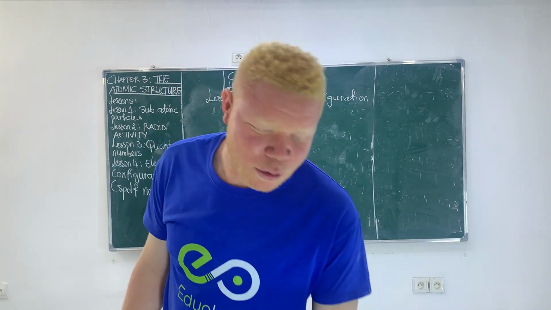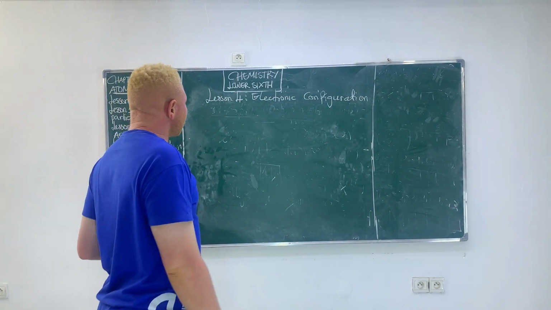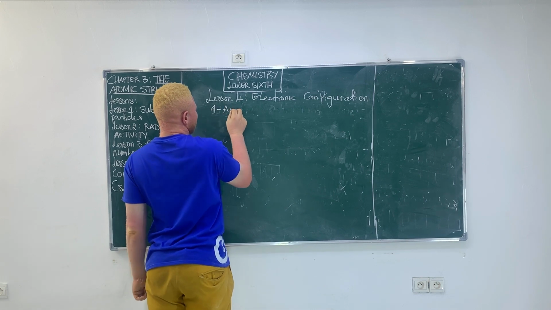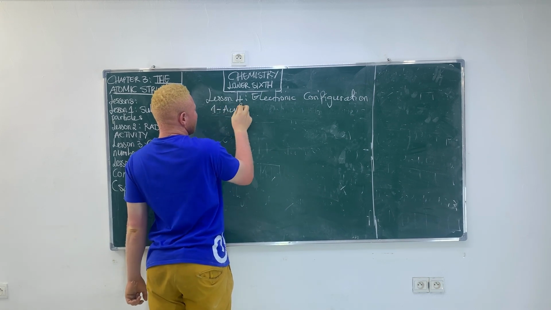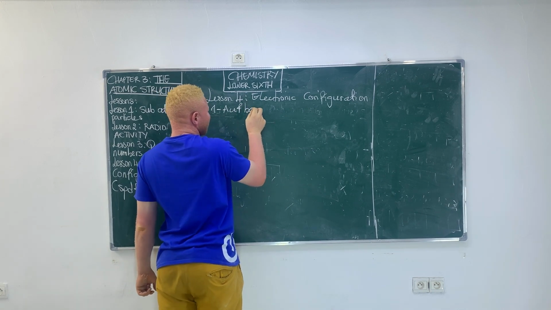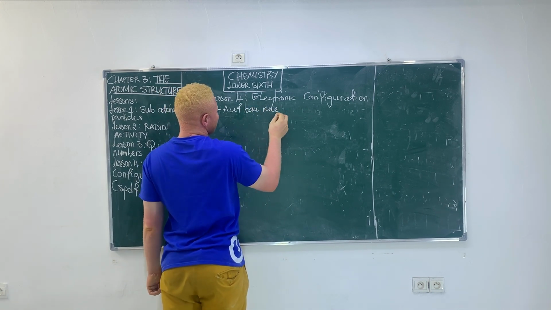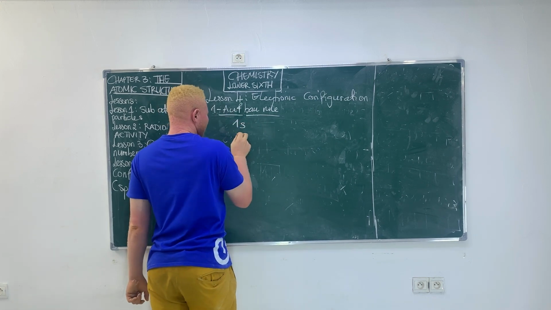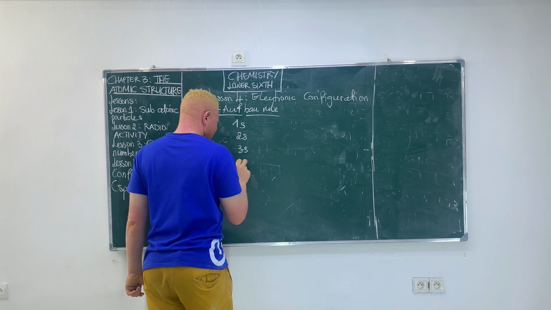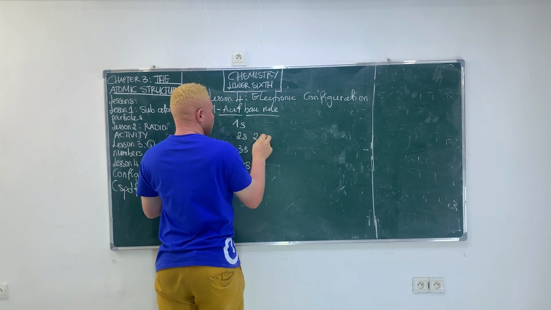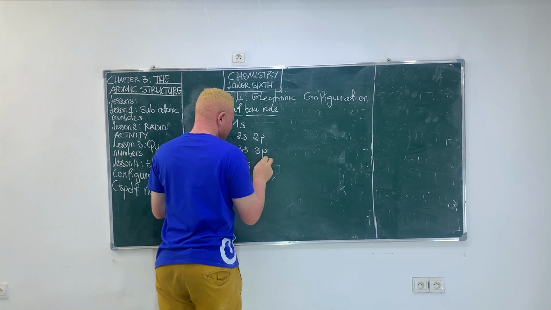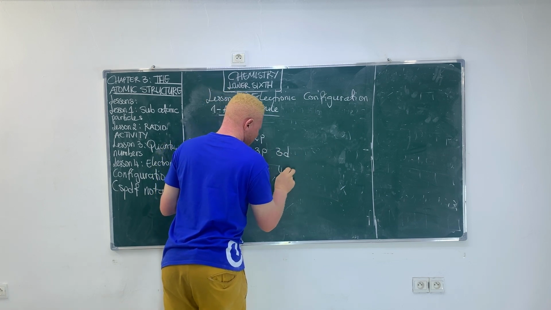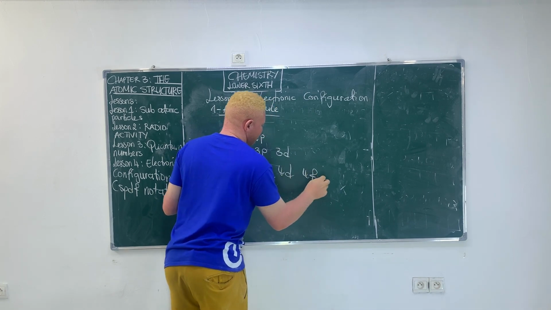So the electronic configuration is given using some rules. We are going to follow some rules. Rule 1 is the Aufbau. So 1s, 2s, 3s, 4s, 2p, 3p, 4p, 3d, 4d.